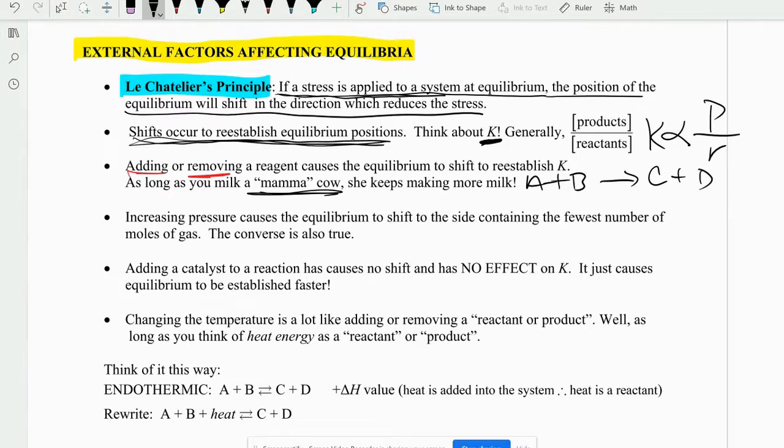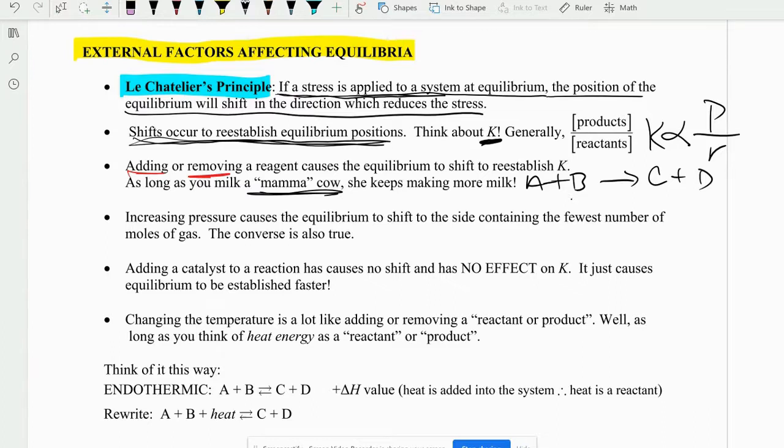Take a look. If I take away any of these products, let's just say, for example, if I take away C, then since I removed the product C, the chemical reaction is going to shift to make up for that. So naturally, if I remove C, the reaction is going to shift right to try to produce more of that so it could bring it back into the system to reestablish equilibrium.